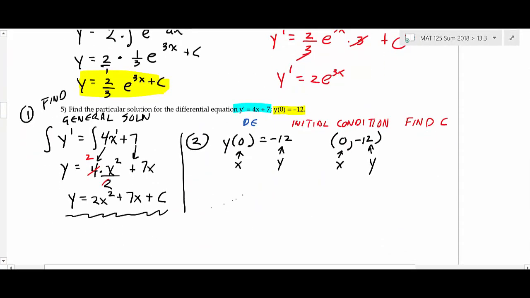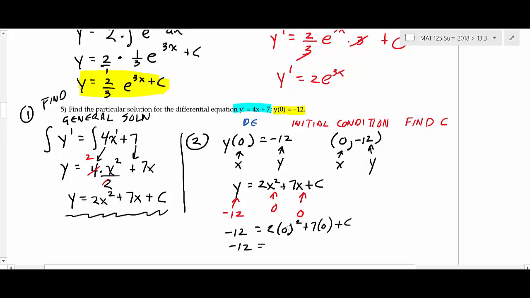I'll take the solution y equals 2x squared plus 7x plus c. Then I'm going to plug in the negative 12 for y, and plug in the 0 everywhere I see x. So negative 12 is equal to 2 times 0 squared plus 7 times 0 plus c. All this stuff just goes to 0, so c is negative 12.